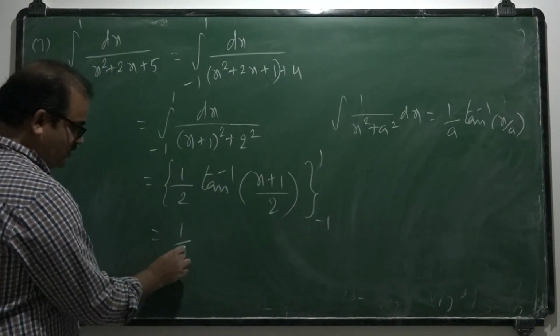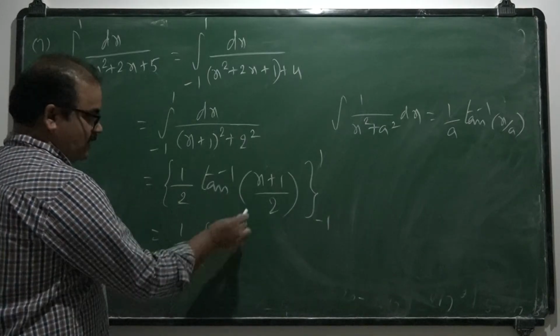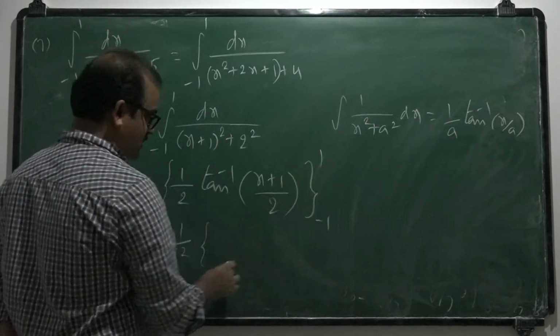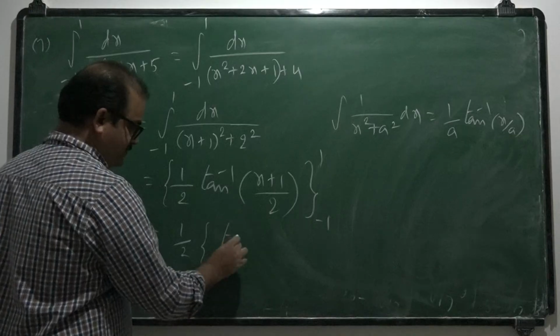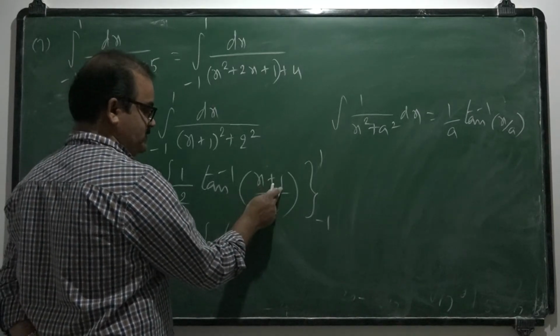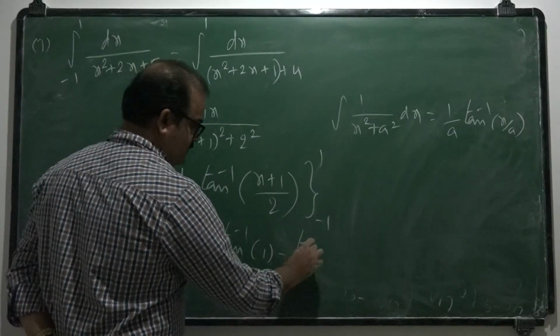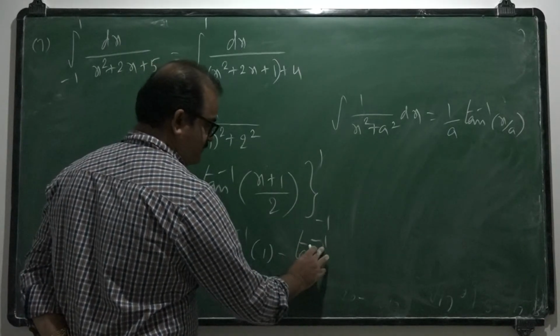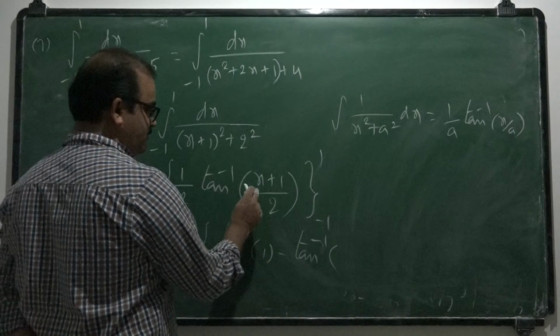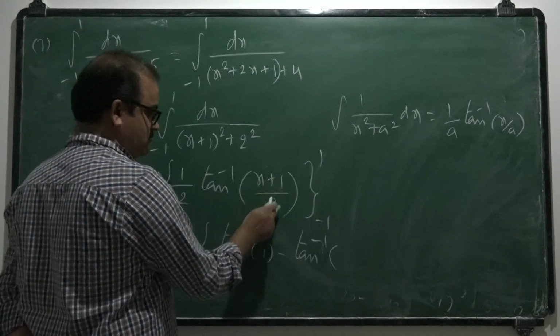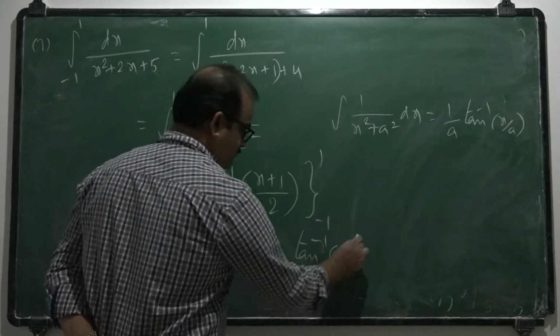Here 1 by 2 is constant. Apply the limits. First apply the upper limit. Tan inverse of 1 plus 1, 2 by 2, 1, minus tan inverse of, apply the lower limit, minus 1 plus 1, 0, 0 by anything is 0.